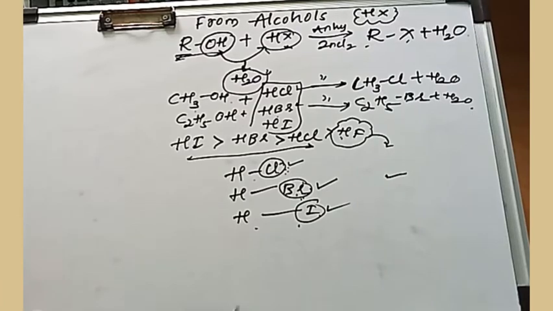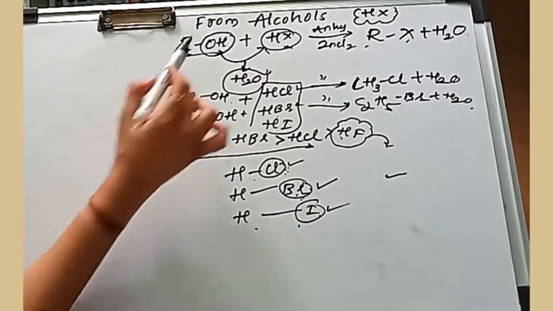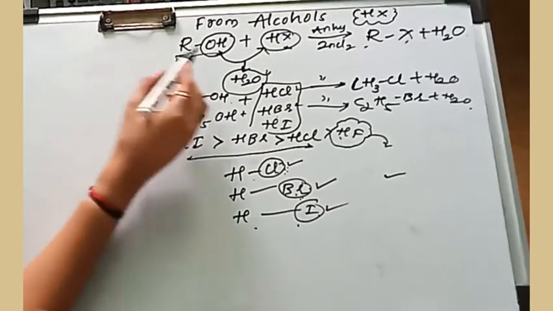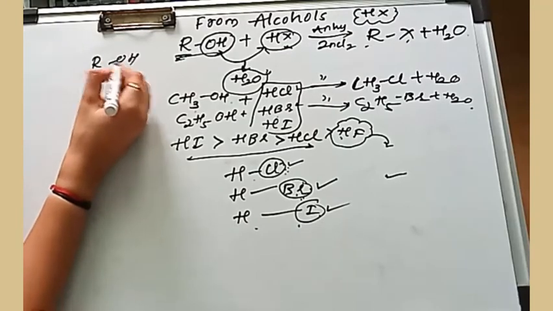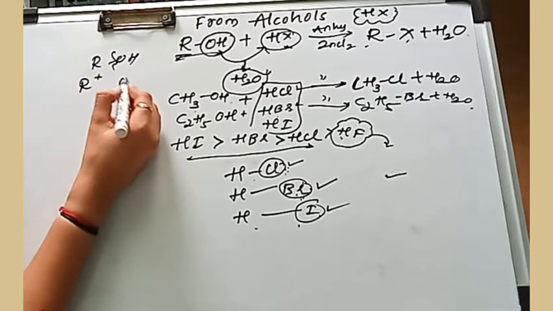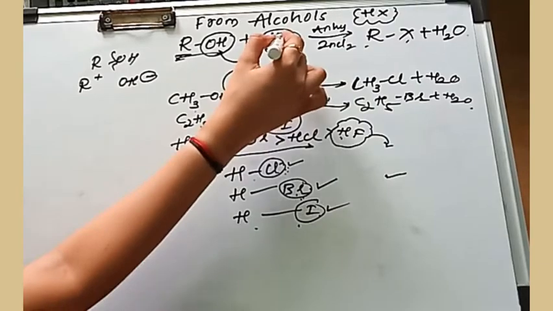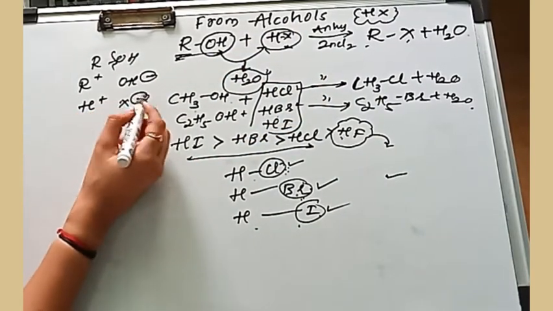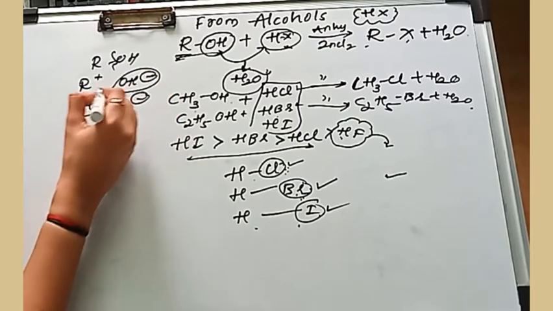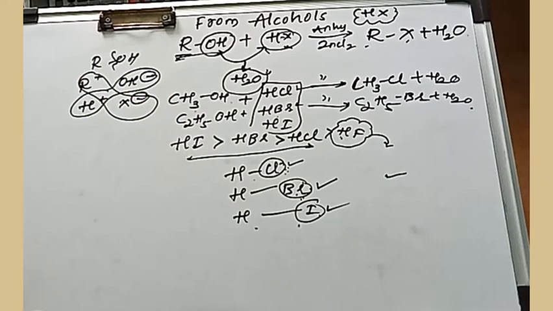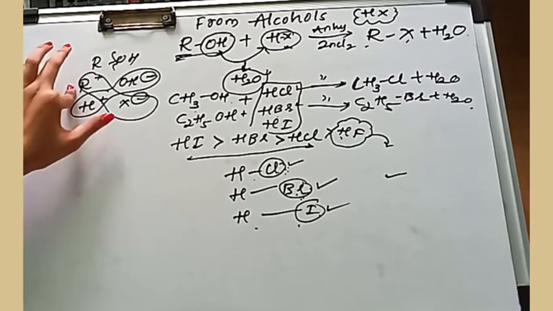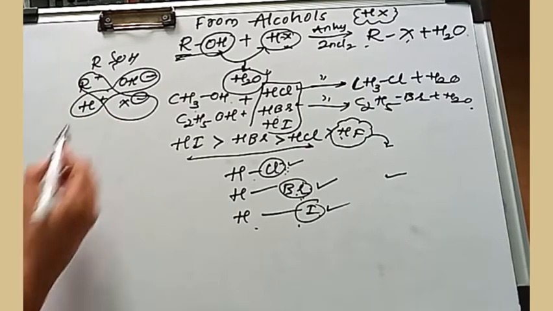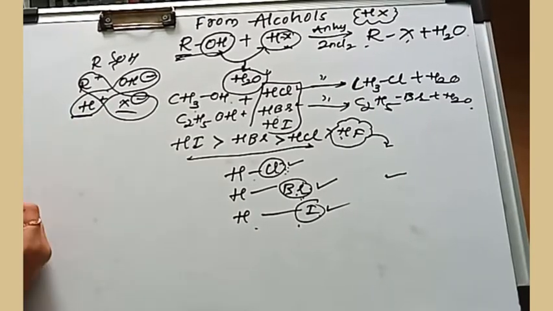So what happens is, here you can see the reaction. You are breaking this ROH bond into R plus and OH minus, and you are breaking this HX bond into H plus and X minus. Then you are combining these two and then these two. In order to combine these two molecules, you have to dissociate H plus and X minus separately.